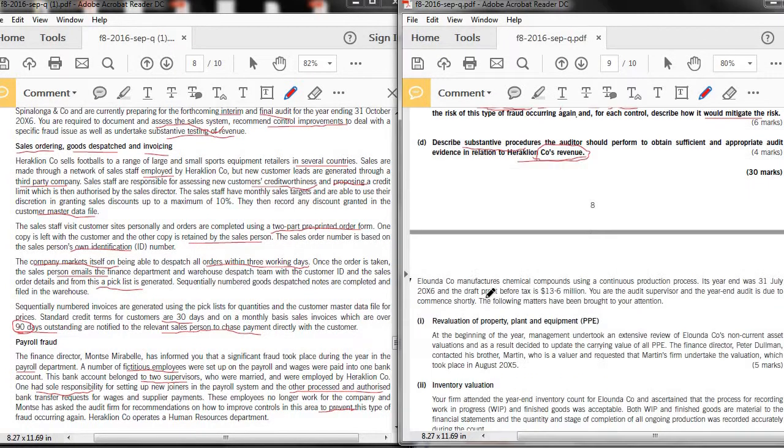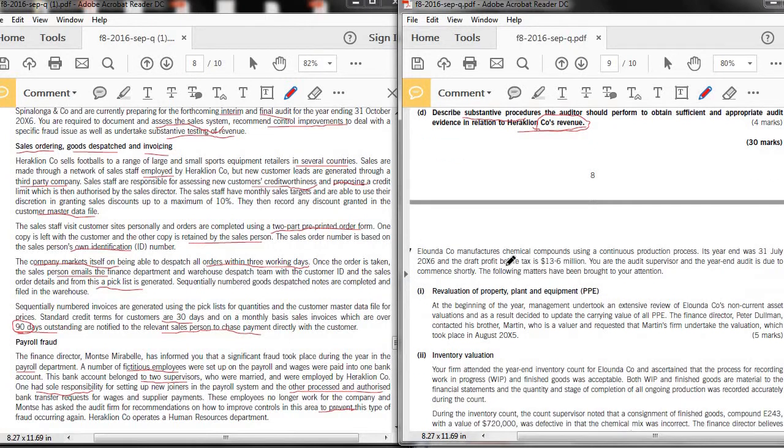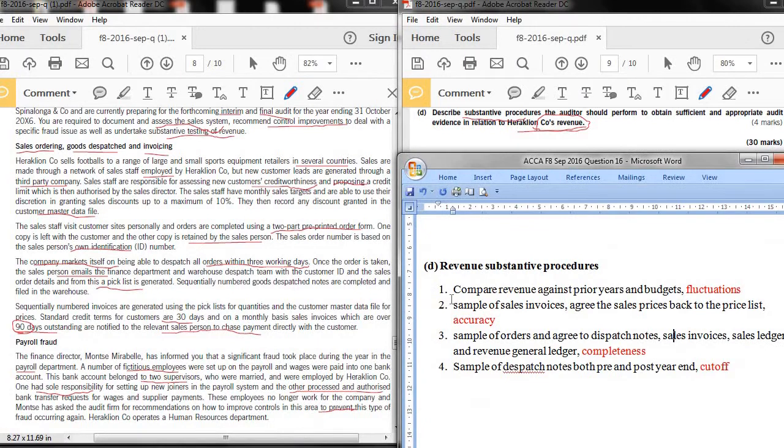Moving towards part D, describe substantive procedures, meaning substantive audit procedures the auditor should perform to obtain sufficient appropriate audit evidence in relation to Heraklion's revenue. So for the answer to part D, we have to describe what procedures the auditor should perform to obtain audit evidence.